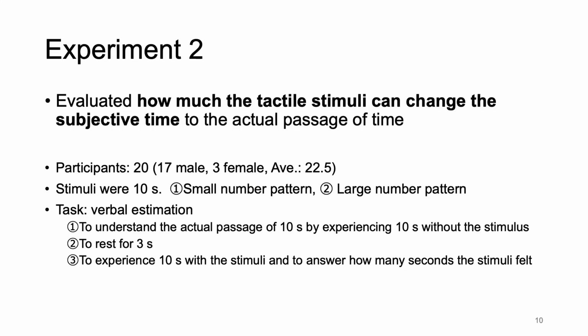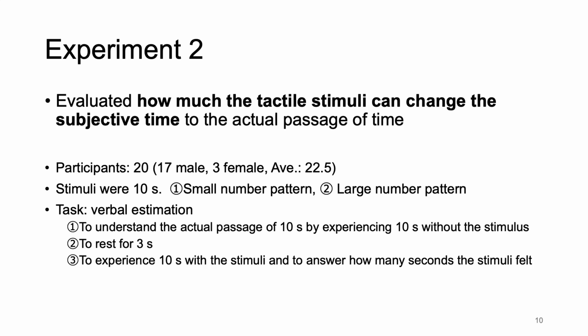This experiment evaluated how much tactile stimuli can change the subjective time to the actual passage of time of 10 seconds. We prepared 2 stimulus patterns, small number pattern and large number pattern. The experimental task was to answer how many seconds they felt about 10 seconds of stimuli.